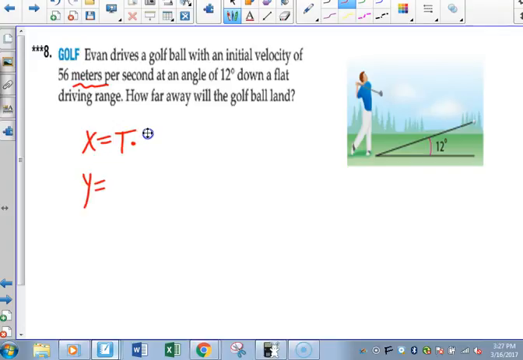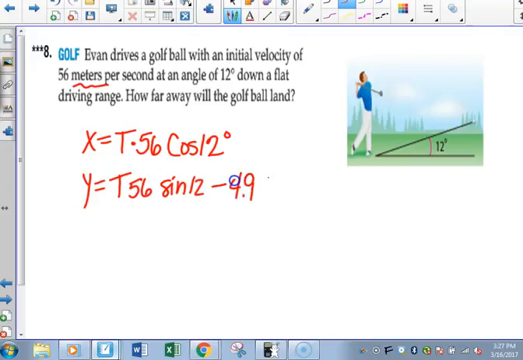This is still initial velocity. What is the initial velocity? 56 cosine of 12 and 56 sine of 12 minus 4.9 t squared, okay? And that's the goofiness because it's in meters.